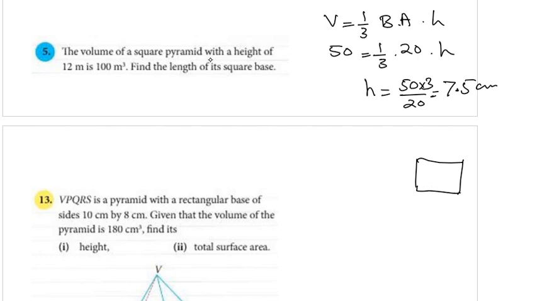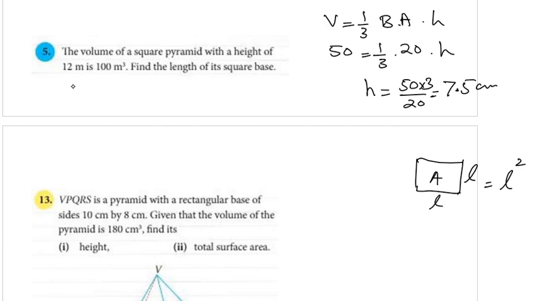Let's see, volume of the square pyramid with a height of 12 and 100 meters cube volume. So its volume is given, and we don't know what the area is, but we know that if this length is L and this length is L, then total area will be L square. Okay, later on we will be using this.